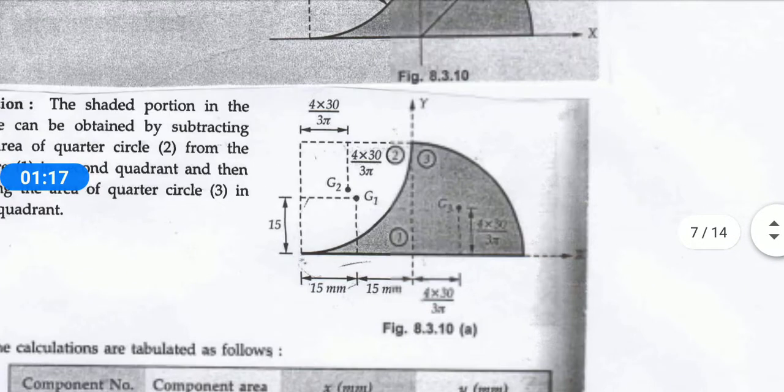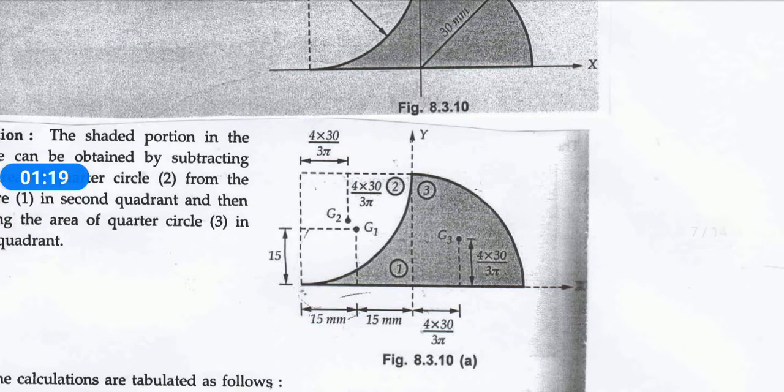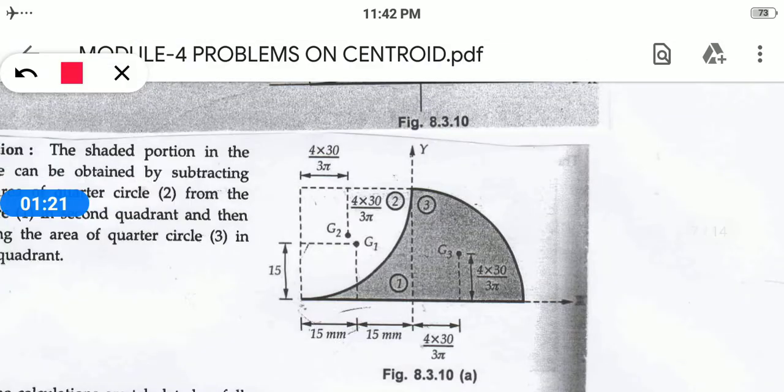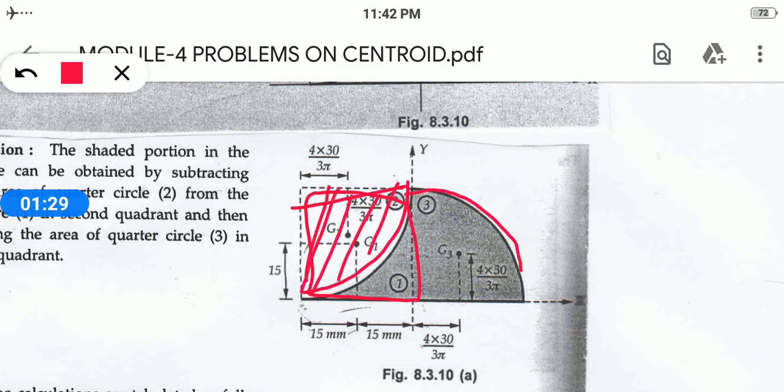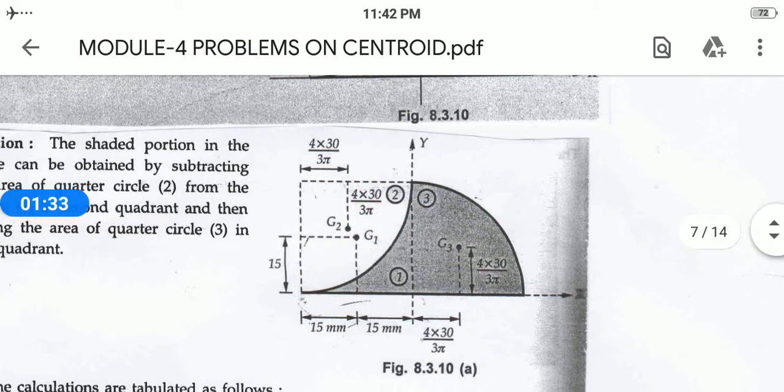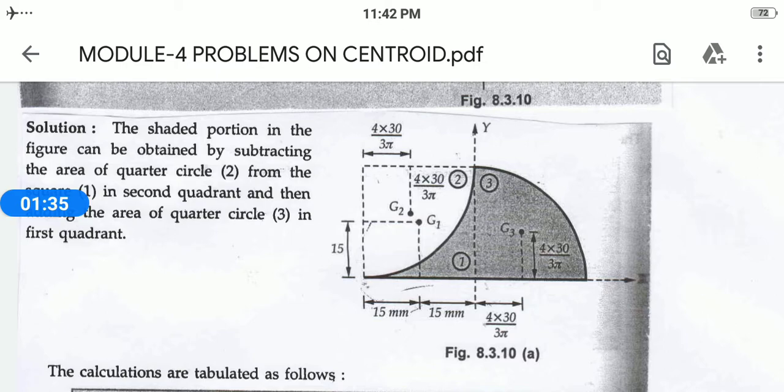They are dividing it into three sections: one is the whole rectangle, the second is a quadrant circle, and the third is another quadrant circle. We have already discussed the formulas.